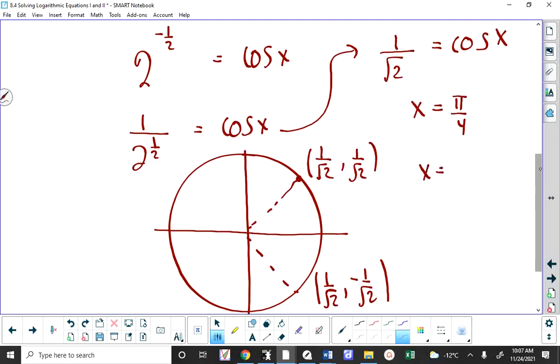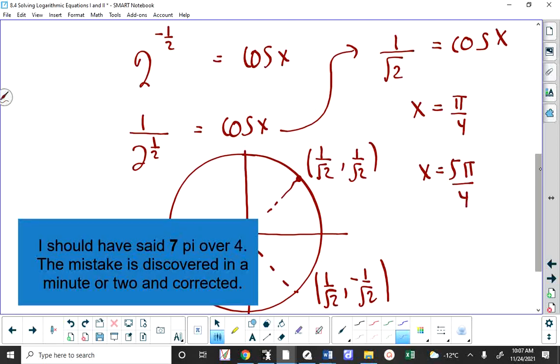X is also 5 pi over 4. And there's nothing in this question that said it has to be between 0 and 2 pi. It can be any angle that has that same position. So for both of these, we can put plus multiples of 2 pi. Well, you know what I mean by multiples. I mean n is an integer.